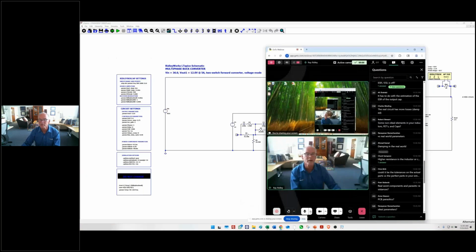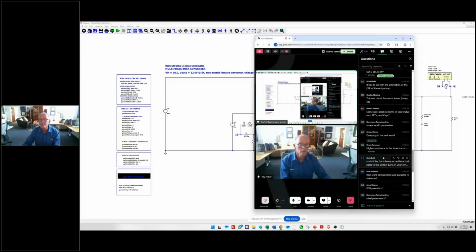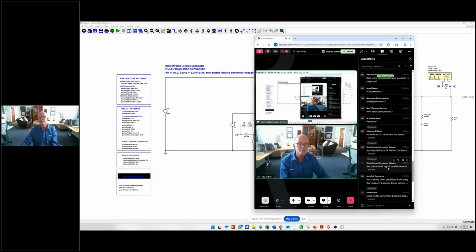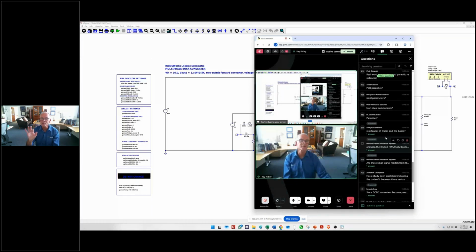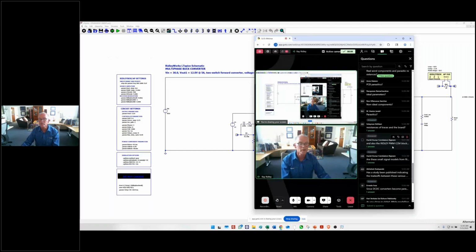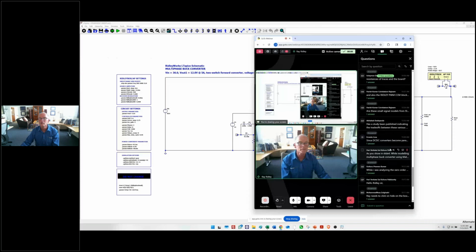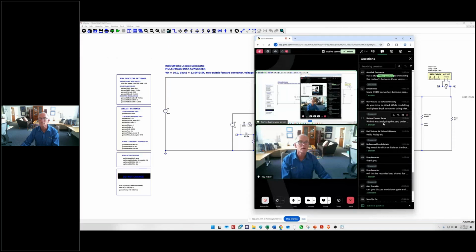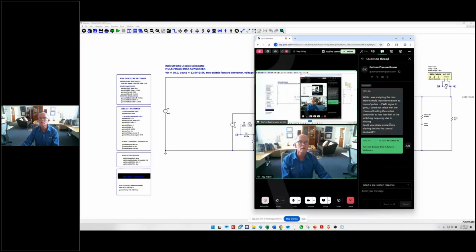PCB parasitics, yep, that's all part of it. Resistance of the traces on the board, we run into that in our lab sometimes. If you don't measure in the right place, you don't get the right results. Analyzing the zero order sample.